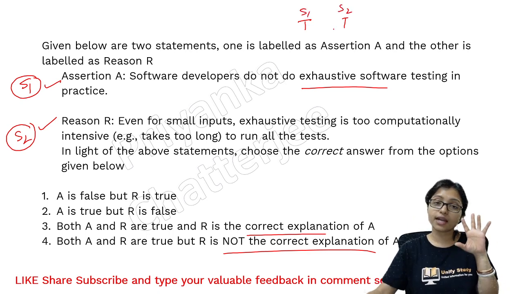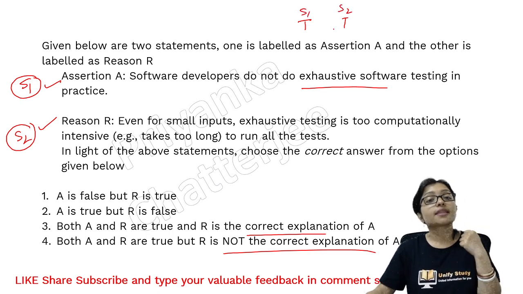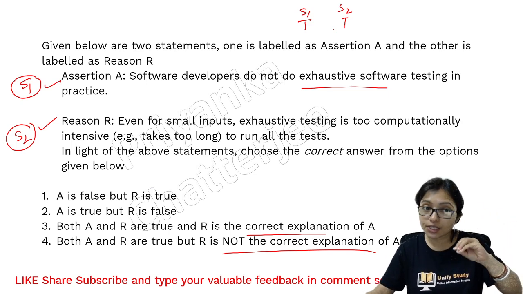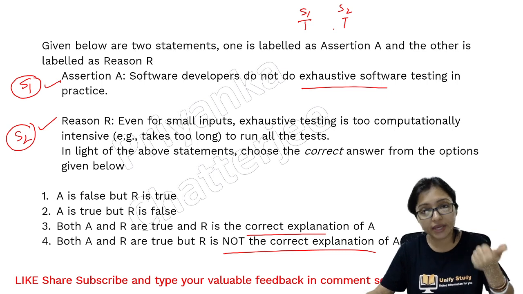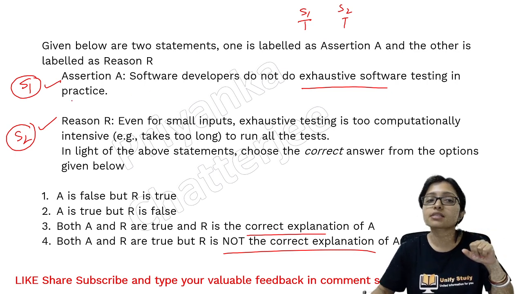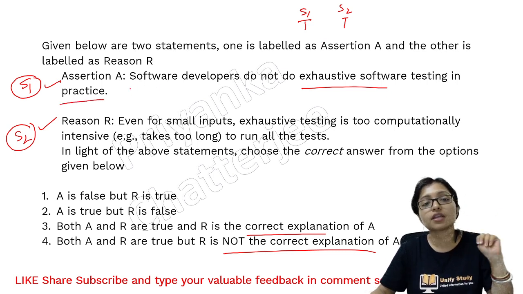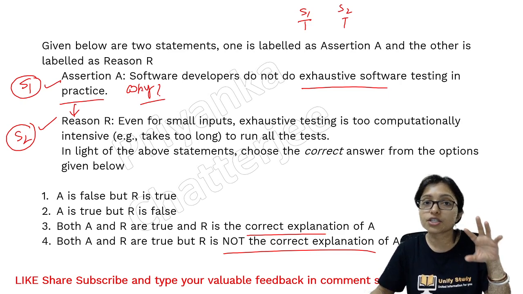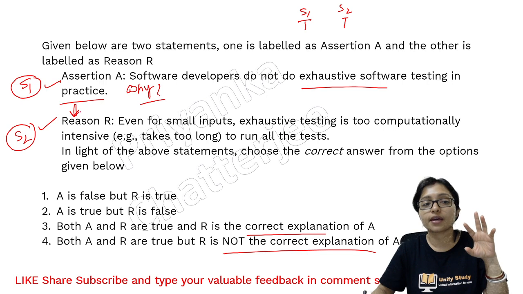When you find that both are true, then come to the conclusion of whether it is a correct explanation or not. To get that, for whatever is given in the assertion, you have to ask yourself why. Because the reason should be here. Whatever the assertion is telling, the reason should explain it.